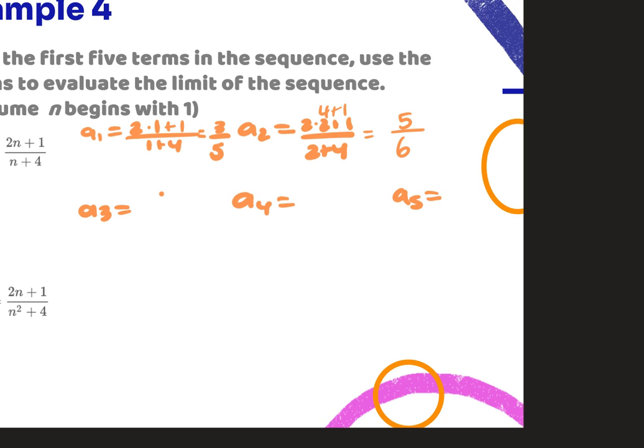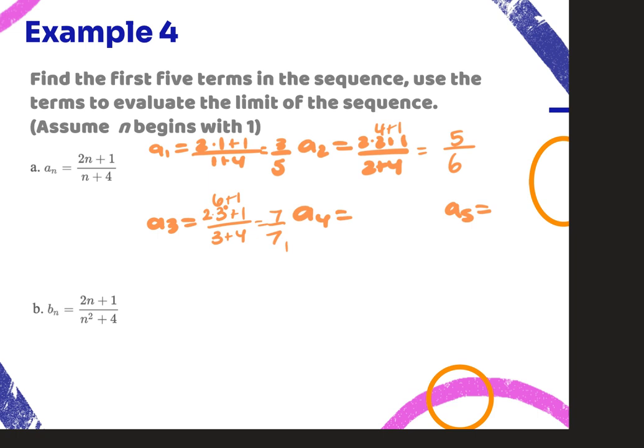And I go to the next one. 2 times 3 plus 1 over 3 plus 4. 6 plus 1, which is 7, over 7, and that's 1. And then I go to the next one. 2 times 4 plus 1 over 4 plus 4. 8 plus 1, which is 9, over 8.